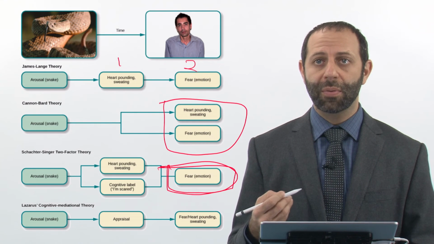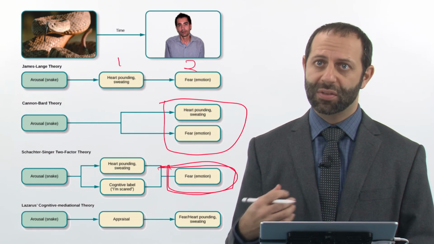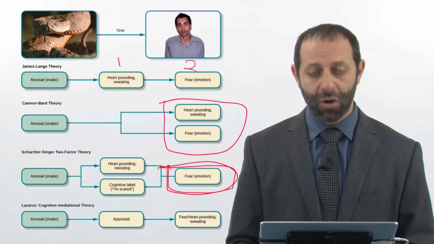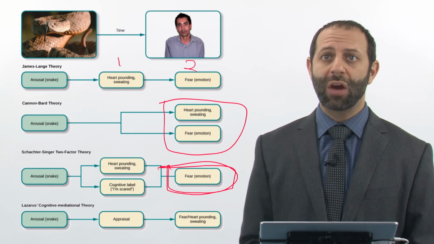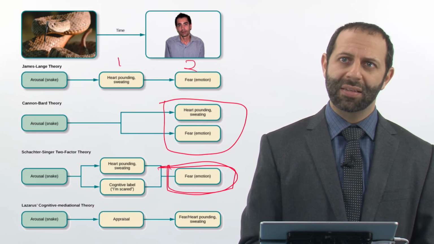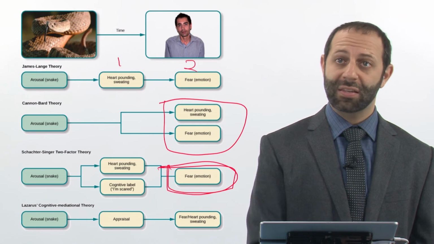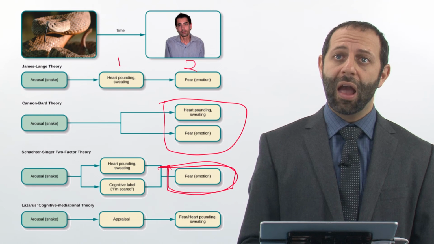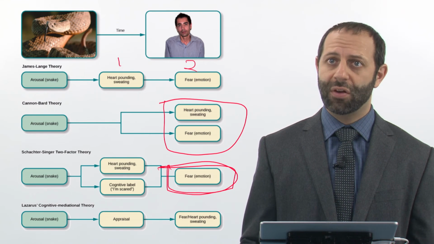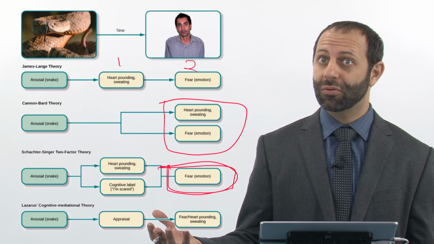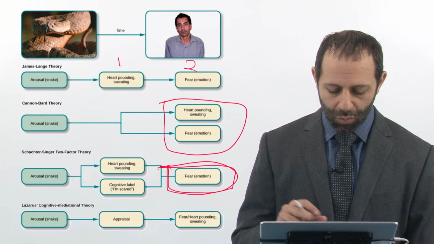I'm going to be afraid because I've assessed the heart pounding from the snake to be dangerous, and that is fear. If I had a heart pounding and then I noticed that there was an attractive person nearby, I might say, oh, it's not the snake, it's actually that person that I'm attracted to, and I attribute the heart pounding to that person, and therefore I won't have fear, but maybe I have excitement or some other emotion. Okay.